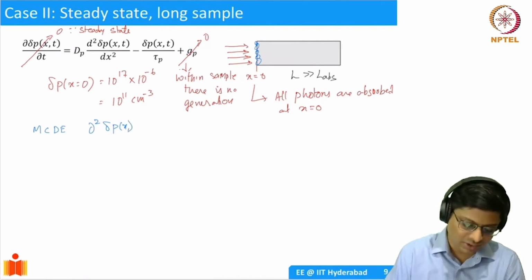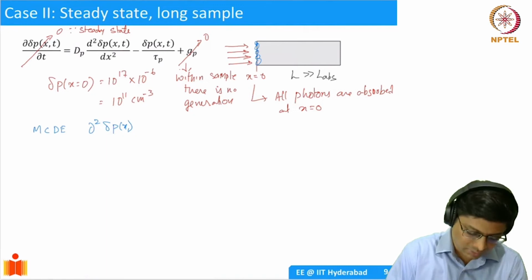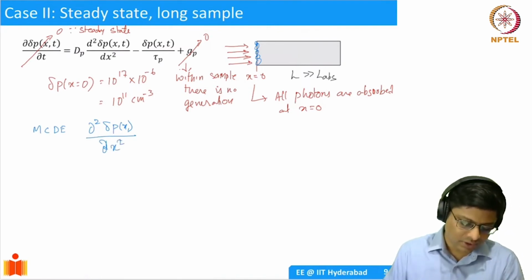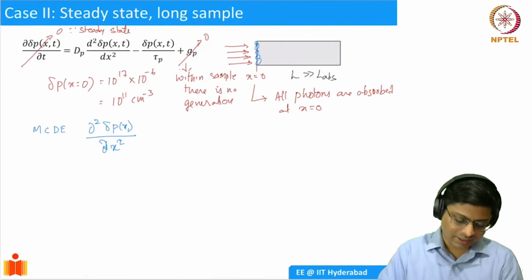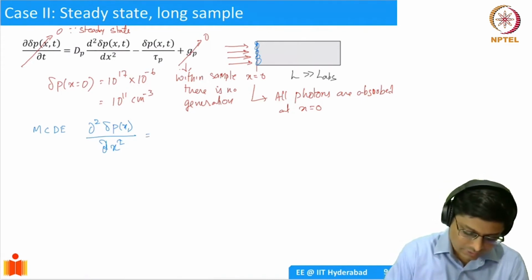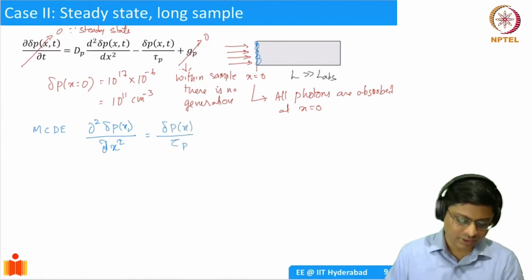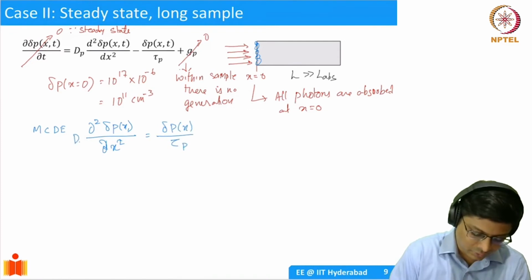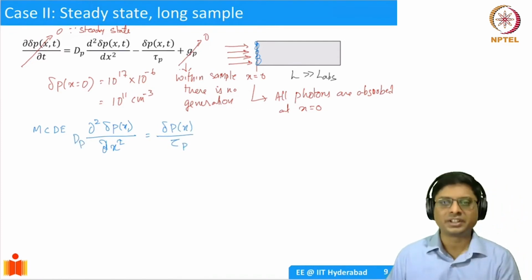The time dependence is gone, but there is still position dependence. I can write it as a partial derivative or even the full derivative, it doesn't really matter. And I'll take the recombination term on the right side, so delta P of x divided by tau P. Of course, there is a diffusion coefficient here. This is my MCDE now.